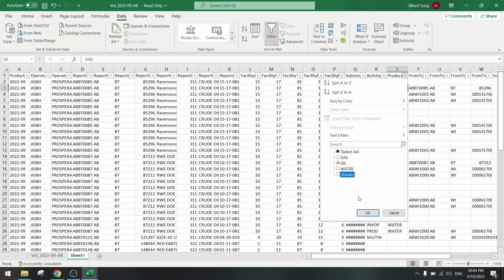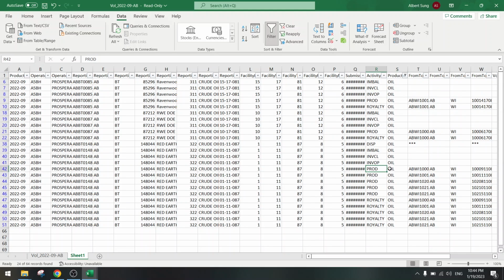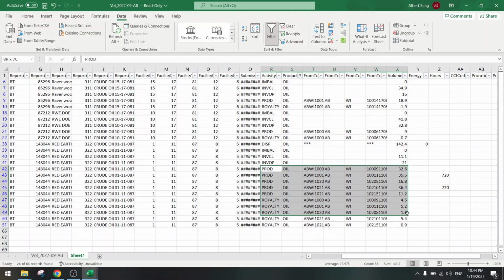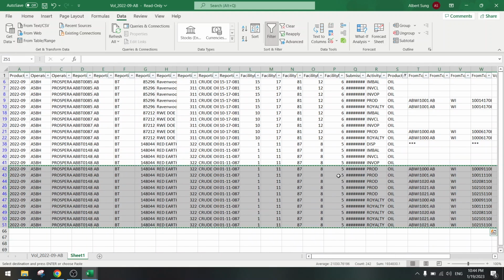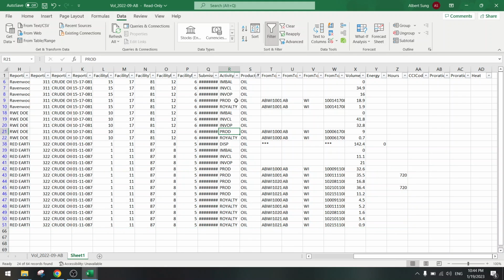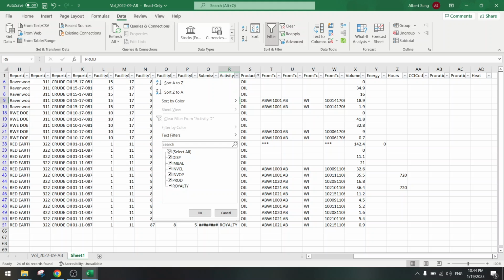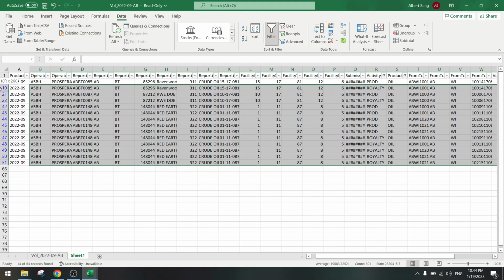Oil. Not a lot, just some production here and some royalties. Let's add them to the other one. Oh, here's another production. Like this.